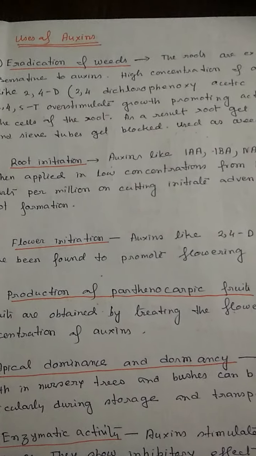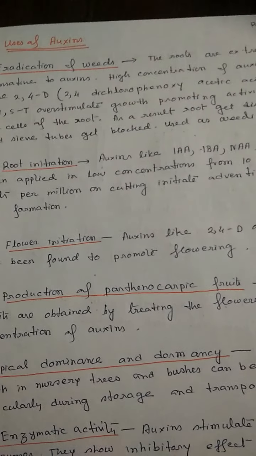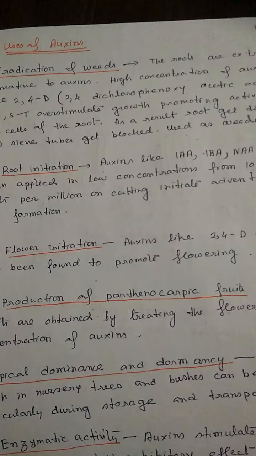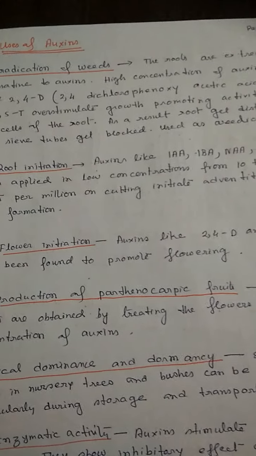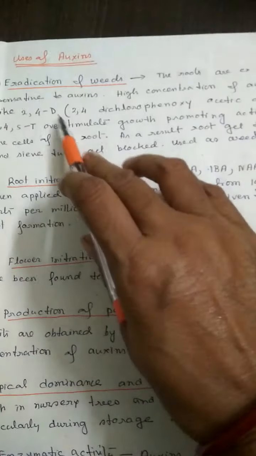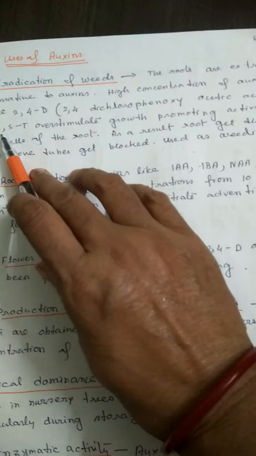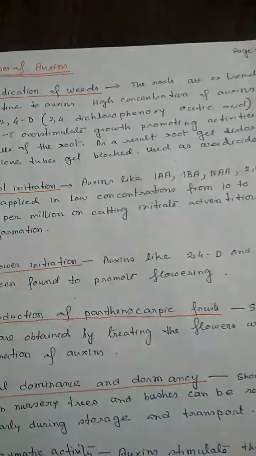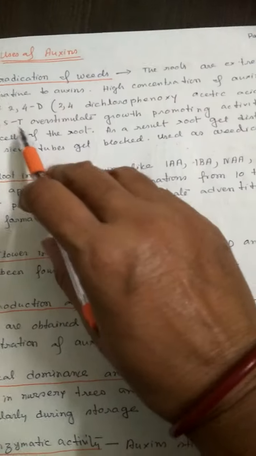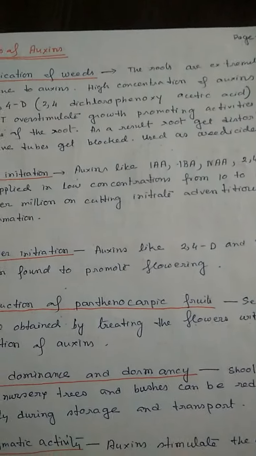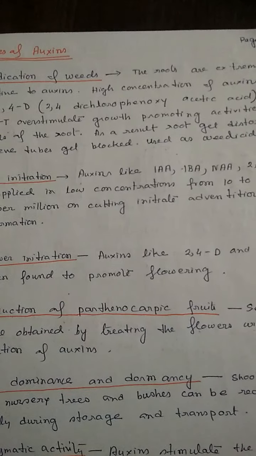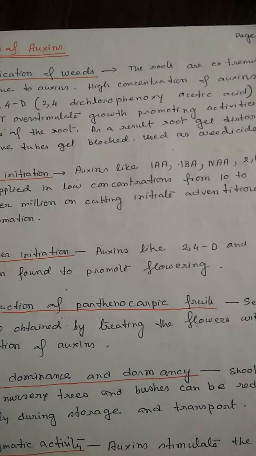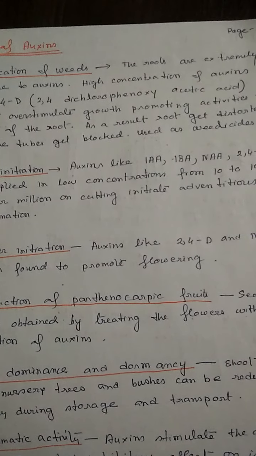Now the uses of auxin. For the eradication of weeds, high concentrations of auxin like 2,4-D or 2,4,5-T are used. This D is dichlorophenoxyacetic acid. These overstimulate the growth promoting activities of the cells of the root.